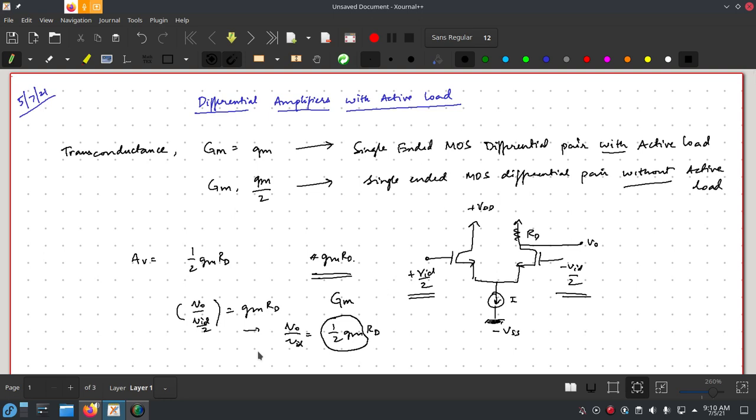So for a single-ended MOS differential pair without an active load, the transconductance is GM by 2.